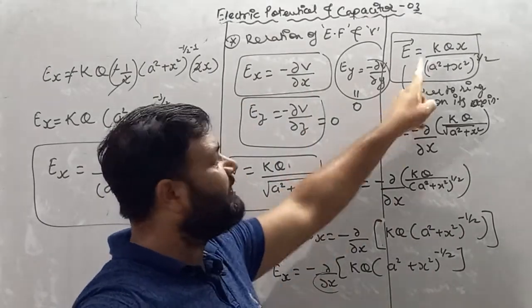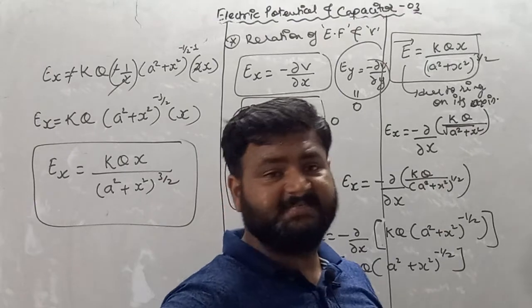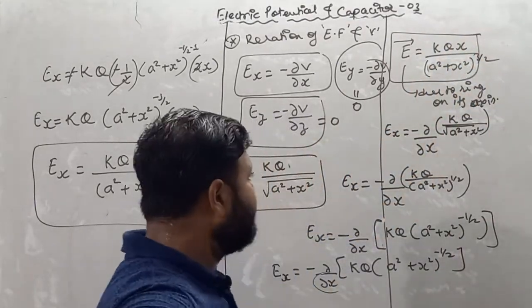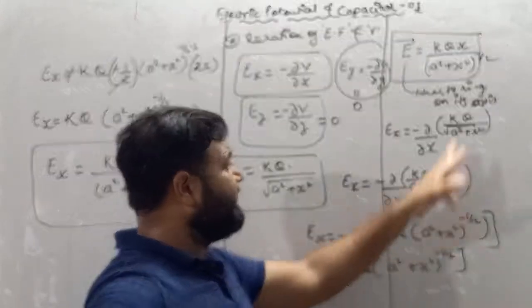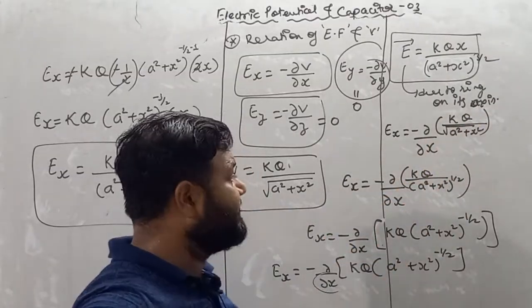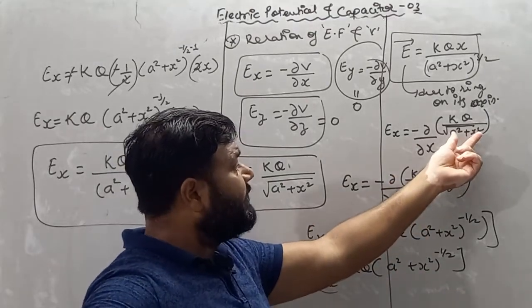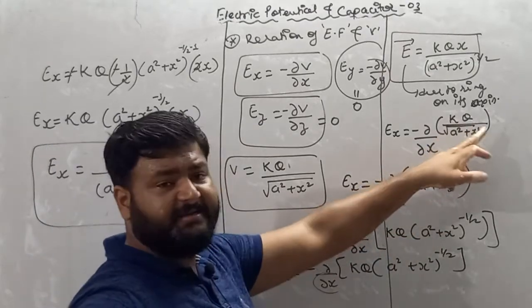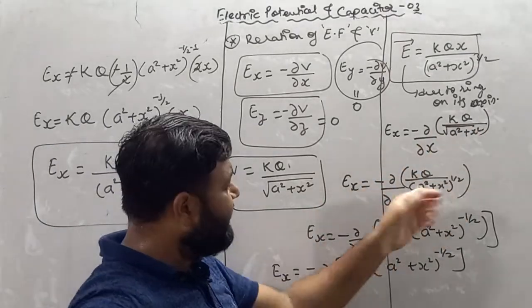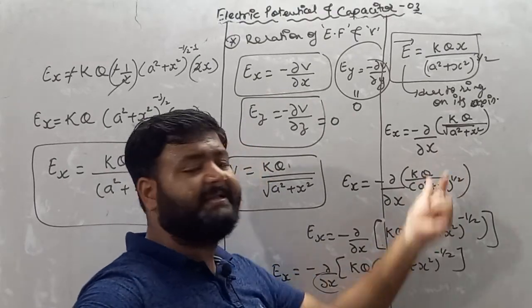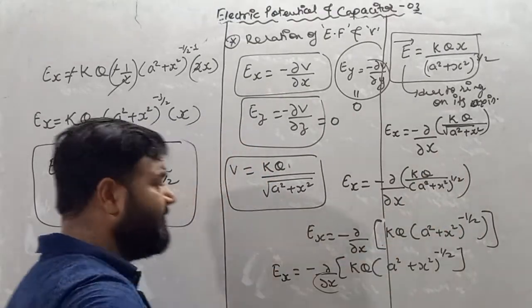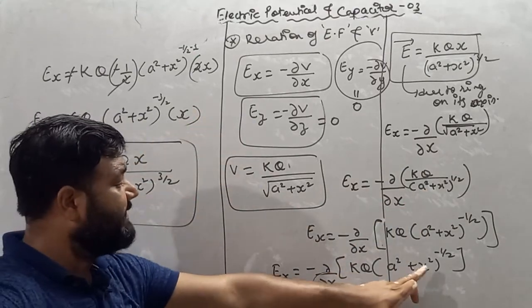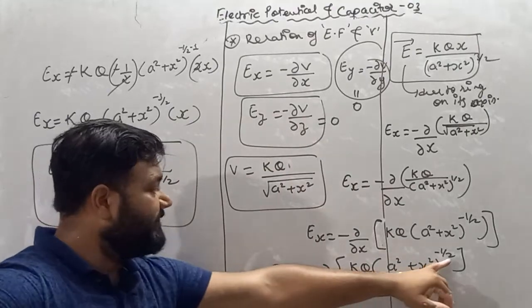We know the value of electric field due to a ring on its axis is kqx by a square plus x square raised to the power 3 by 2. We know the value of electric potential on the ring is kq by under root a square plus x square. So we have to differentiate this with respect to x. Instead of under root, I'll put half, and then we take the denominator to the numerator, so it becomes minus half. We differentiate x two times, first with the power, using the chain rule.